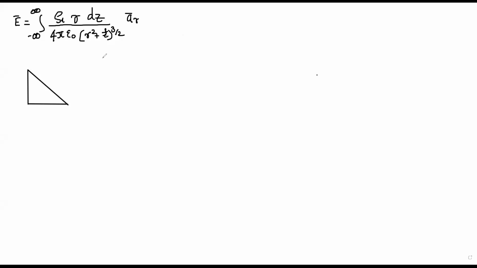Yeah. So if you look at this triangle, this is a right angle triangle, right? This is the point where you are having dQ, right? This is the point where you are finding your electric field intensity. So point P, and this is your origin, right? So if I talk about this side, the length we have assumed is Z. Make me correct if I'm wrong.